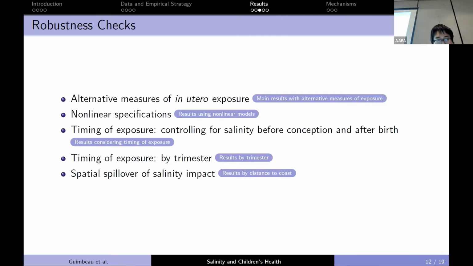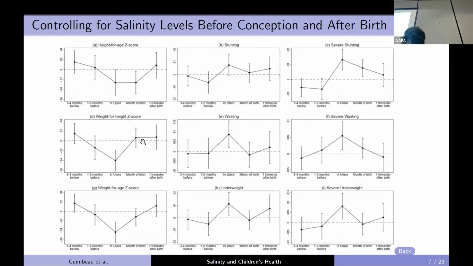All right, gonna skip that. We did a bunch of robustness checks. I'm just gonna show you one of them, an exposure window analysis, where the first 2 dots are 3 to 4 months and 1 to 2 months before birth. The third is in utero exposure, the fourth is month of birth, and the fifth is 1 trimester after birth.